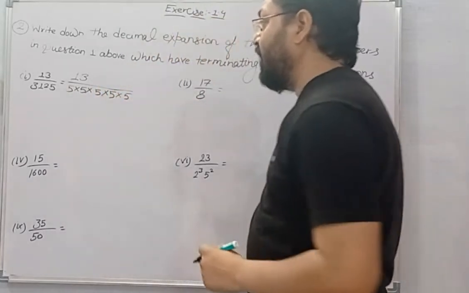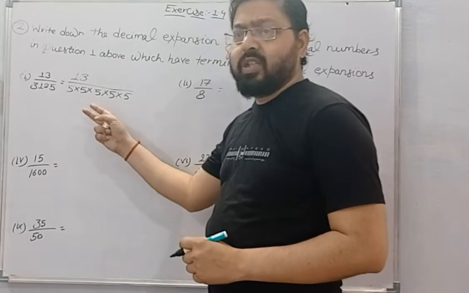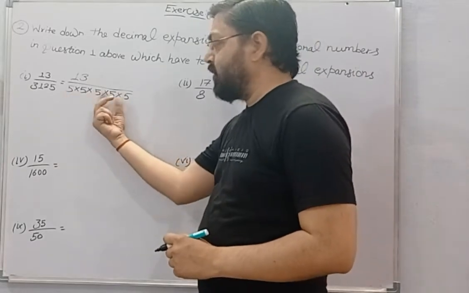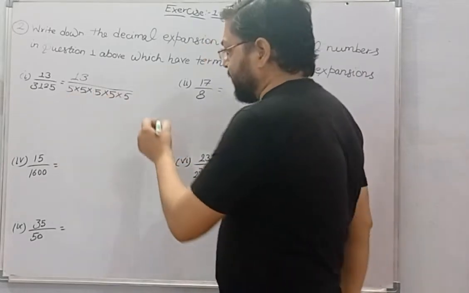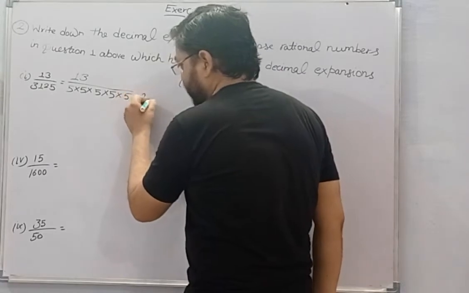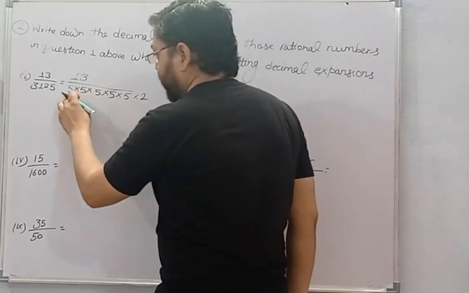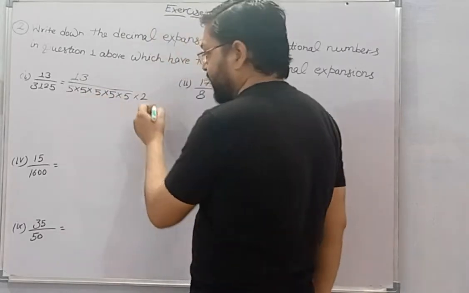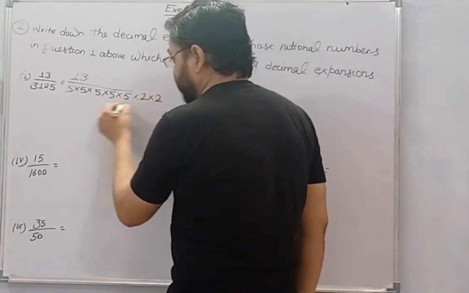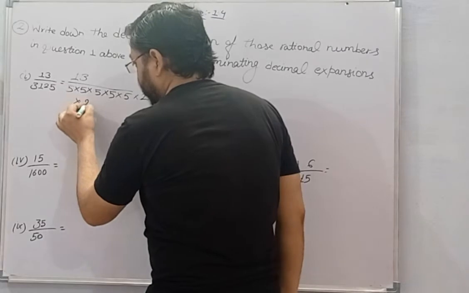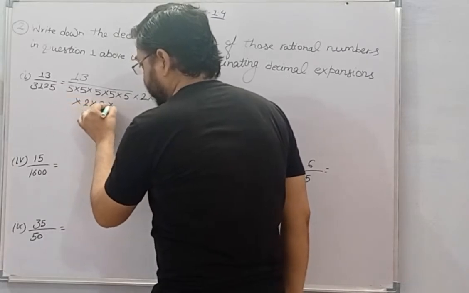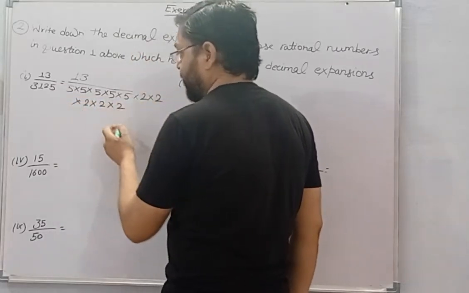I apply the concept. I make this into 10. If I multiply this by 2, then 5 into 2 is 10. Here it is 5 to the power 5, which means I multiply the denominator by 2 five times.